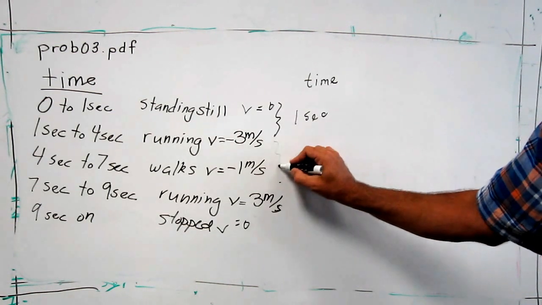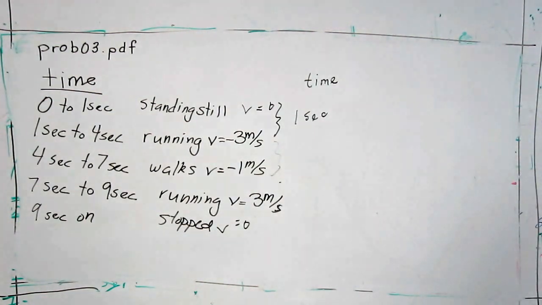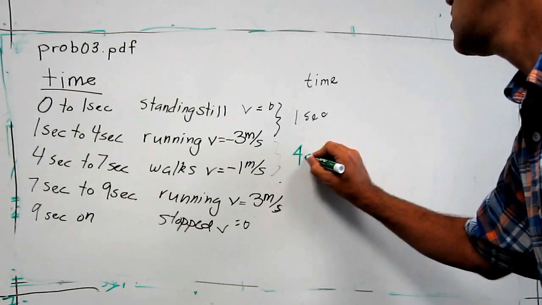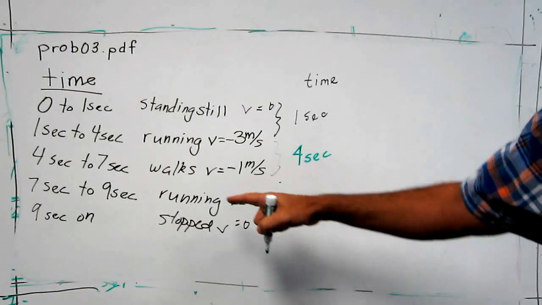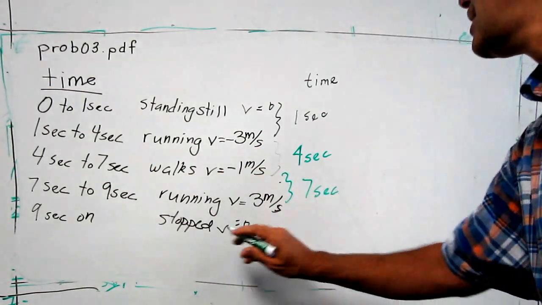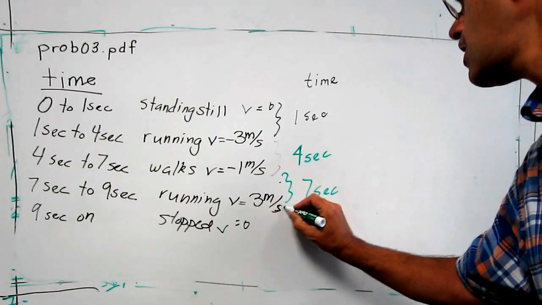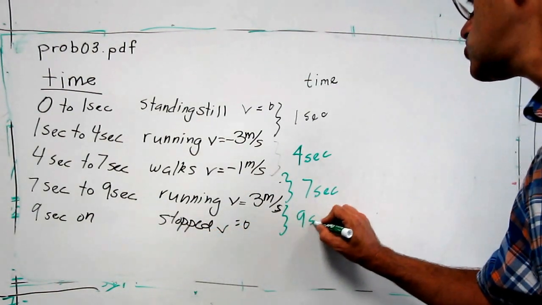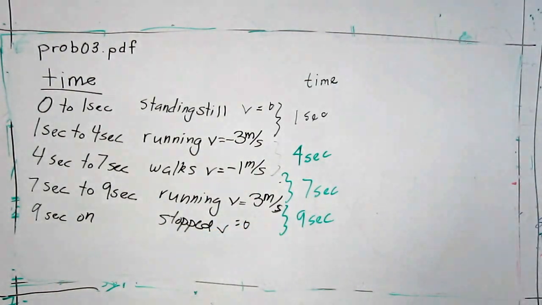When you go between these two, that is going to be at 4 seconds, around there. And then when you go between these two, that's around 7 seconds. And finally, when you stop again, around 9 seconds. So there's going to be some acceleration around those times.